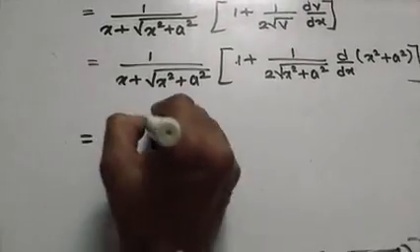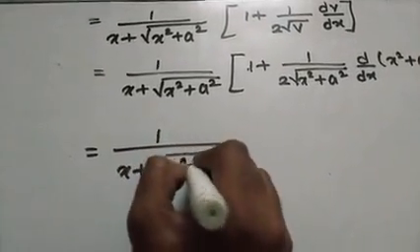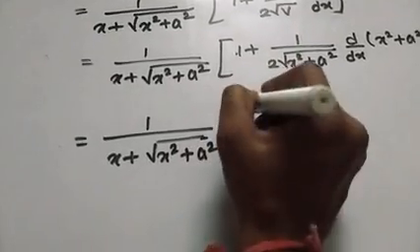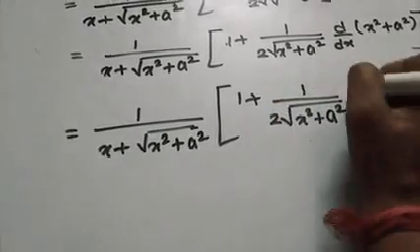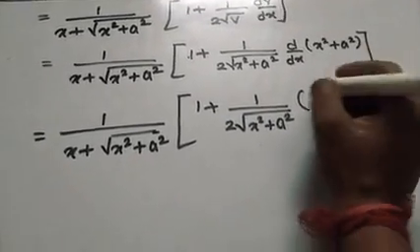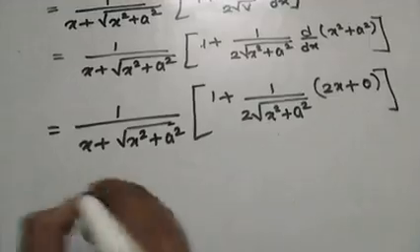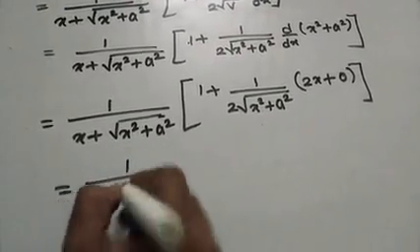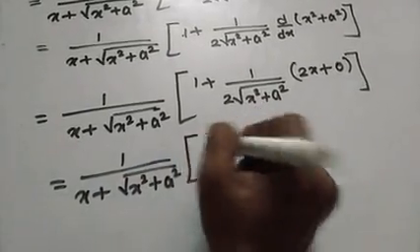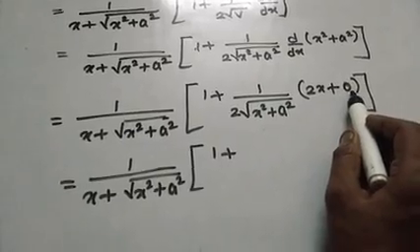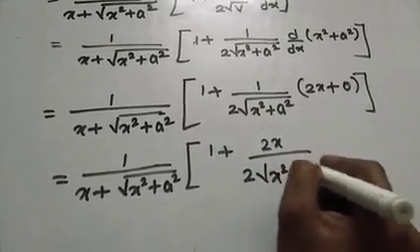Now d dx of x square is 2x, d dx of a square is a constant, so its derivative value is 0. So here we get 2x plus 0, that is 2x, divided by 2 root over x square plus a square.